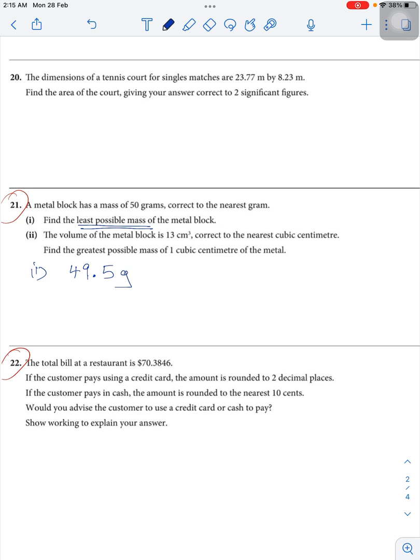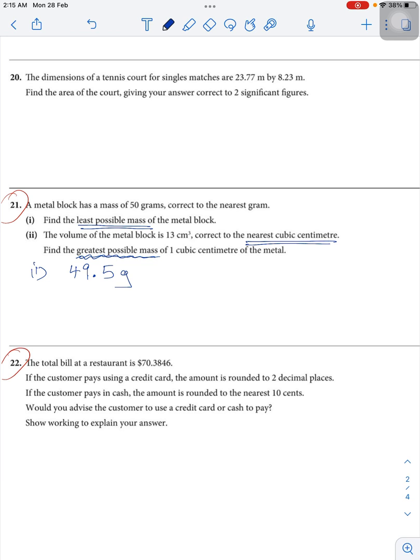Okay, and then let's move forward to the next one. The volume of the metal block is 13 cm cubed, rounded to the nearest cubic centimetre, and here you're supposed to find the greatest possible mass.